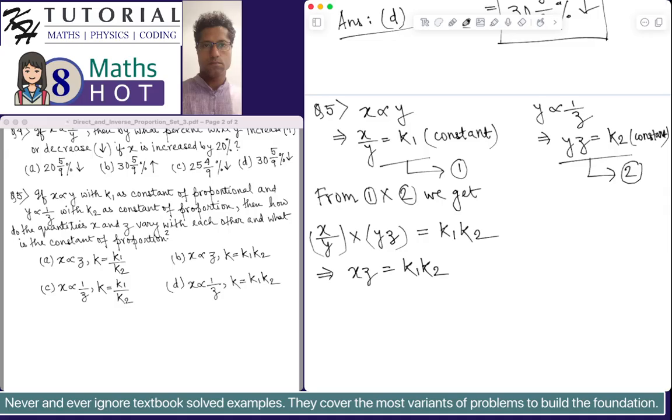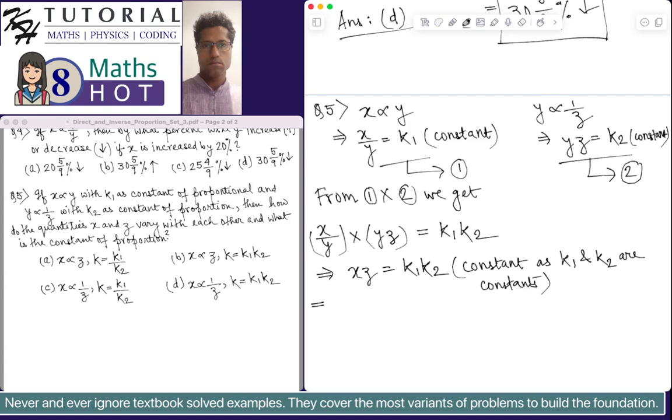So we have that the product of the quantities x and z is coming out to be a constant k1 k2. This is a constant because both k1 and k2 are constants, and the product of two constants is also a constant.